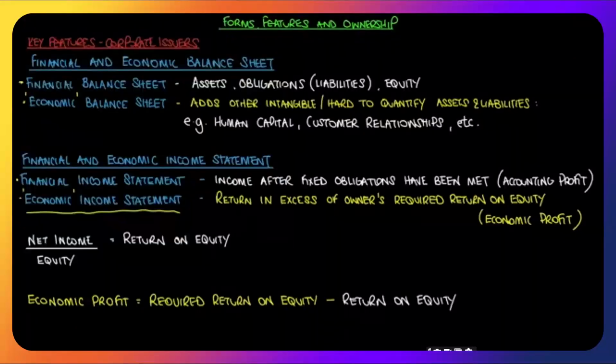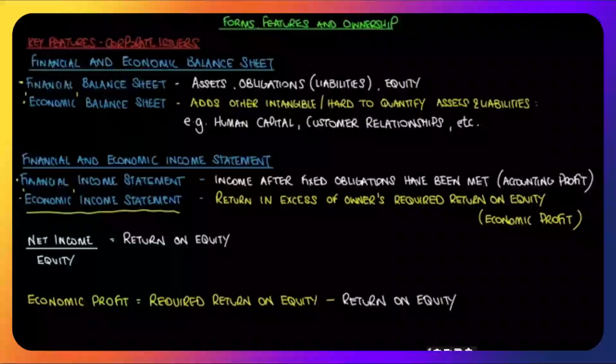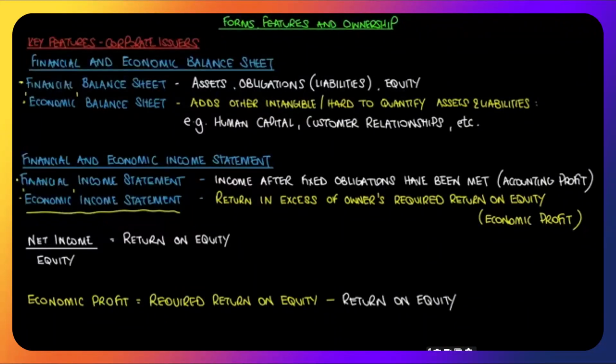When we talk about economic profit, we're talking about, have you generated enough to satisfy your providers of capital? Well, in this module, we extend that into the balance sheet as well and say, okay, we've got a financial balance sheet. If you've studied FSA, you're all over that. Assets less liabilities gives you equity. If assets are greater than liabilities, you've got positive equity.